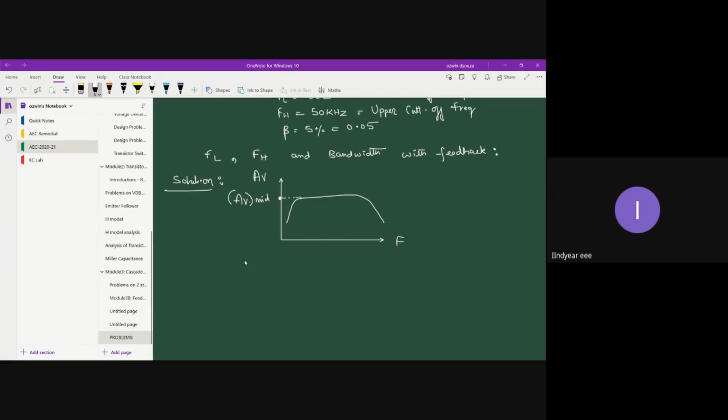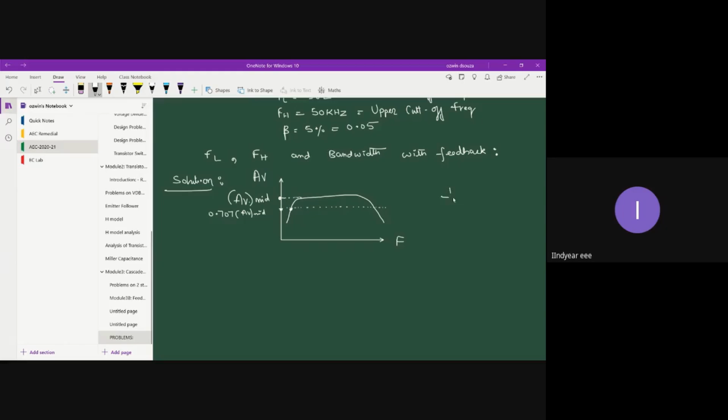Now we will also determine 2 points on the basis of the power delivered. At these 2 points, the power delivered by the amplifier will be 50% of that in the midband. That can be done by locating a point which is 0.707 times AV mid.